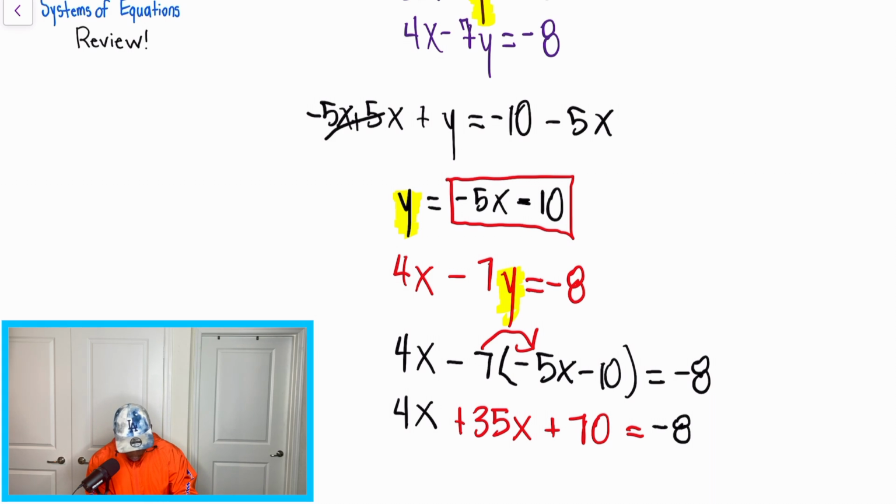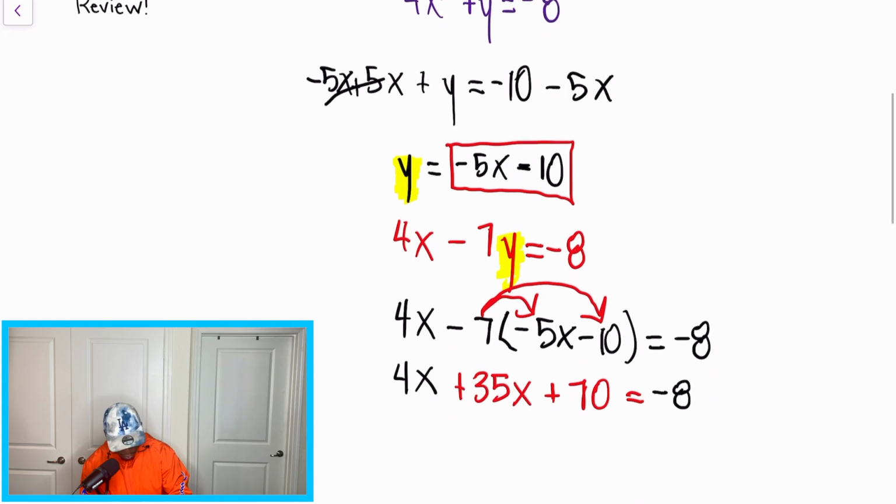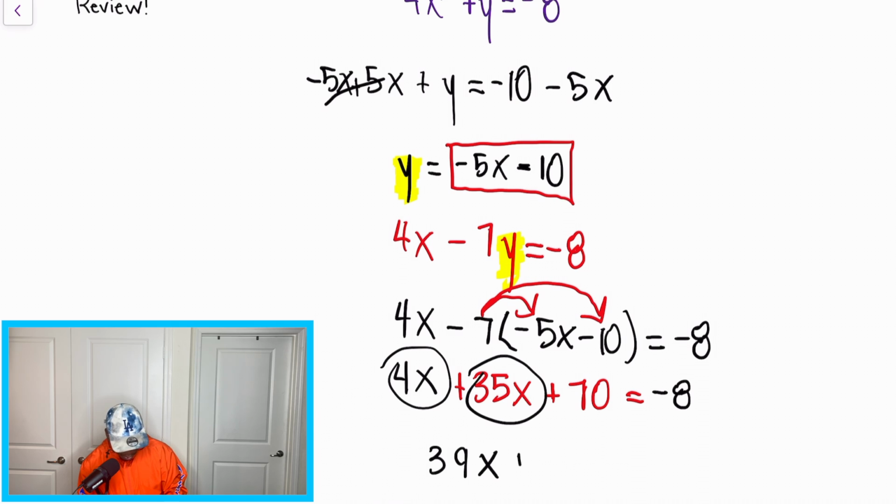And I actually forgot my second arrow to show that we distributed to 10 as well. So we multiply now. And now what we want to do is start combining like terms. When I start combining like terms, we'll add our x's. So we're going to get 39x plus 70 is now equal to negative 8.